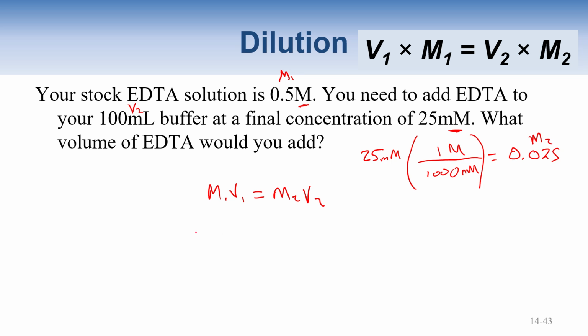So we have 0.5 for our M1, X, because that's what we're trying to figure out, how much of that stock we need, equals M2, which was calculated to be 0.025 because our units had to match before we put them into this equation. And then we would do times the 100 ml buffer.